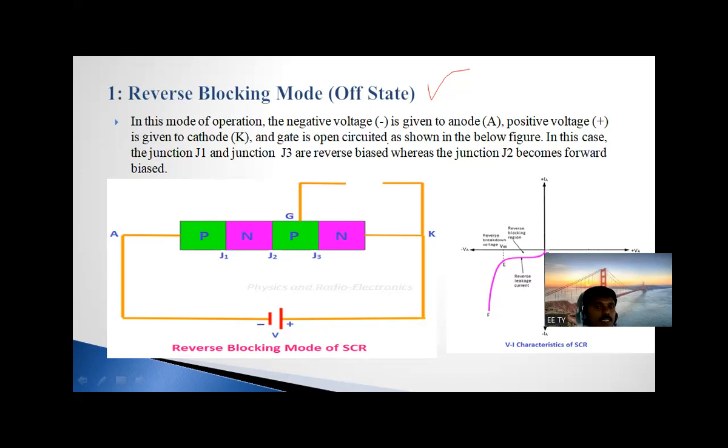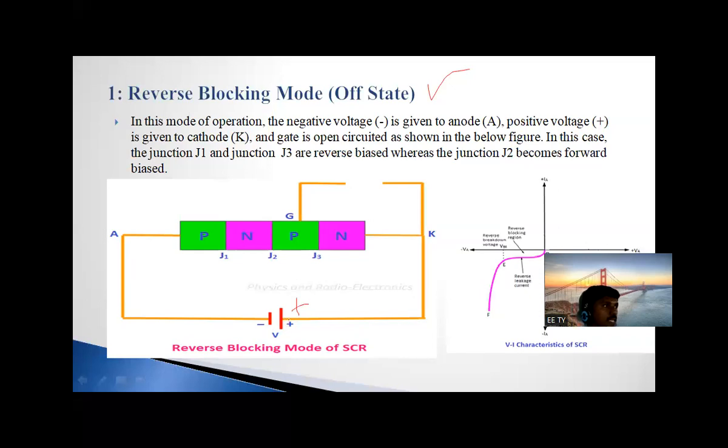Where is the cathode connected? Where is the positive? This is the positive, right? This is the supply. This may be a battery or DC, whatever. This is the positive terminal and this is the negative terminal.